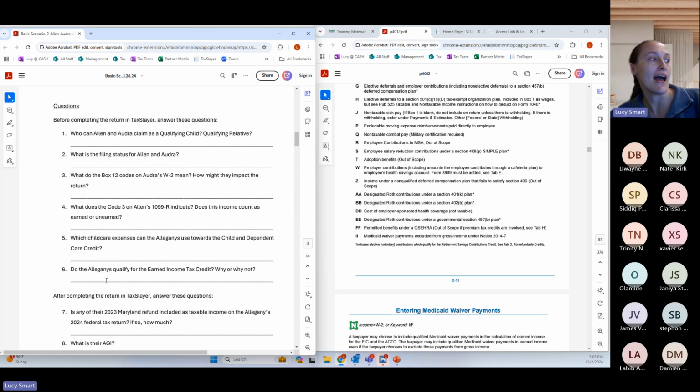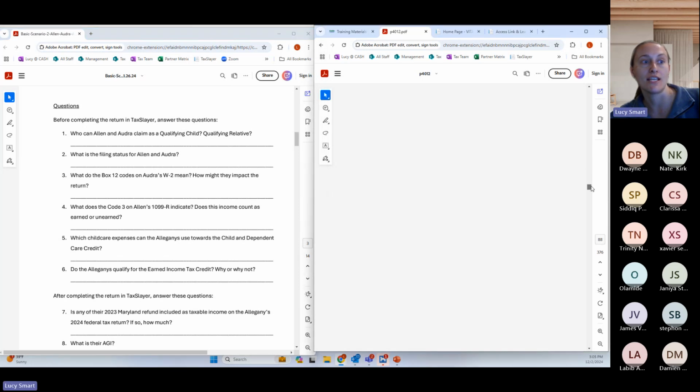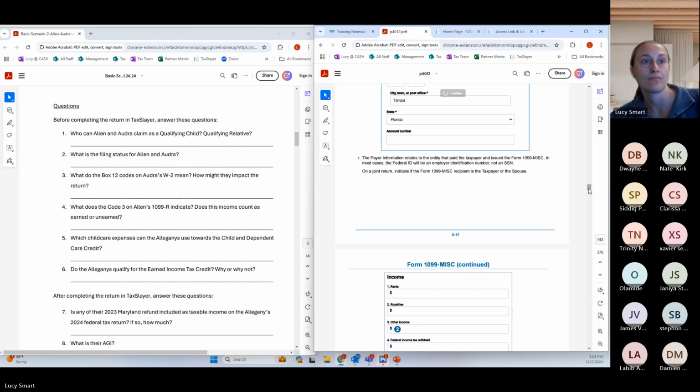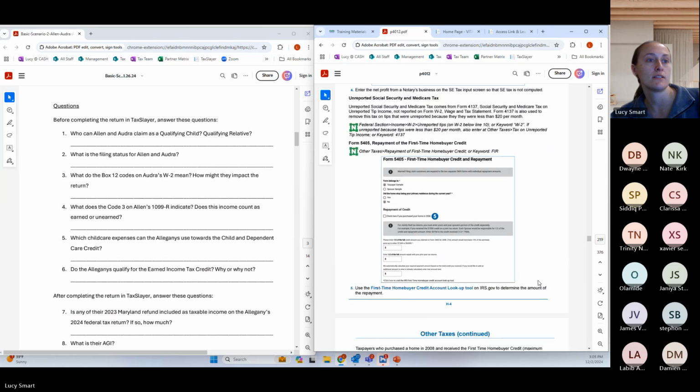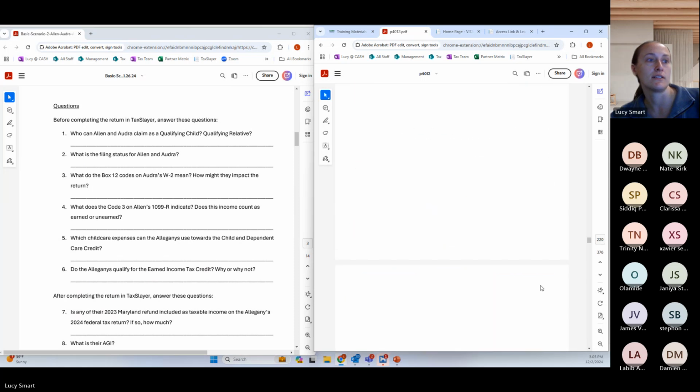And finally, do the Alleghenies qualify for the earned income tax credit? Why or why not? So you need to go back to tab I. I can find it this way. All right.